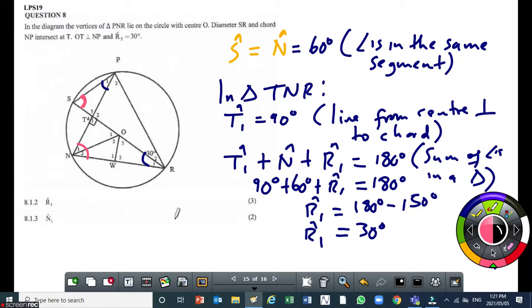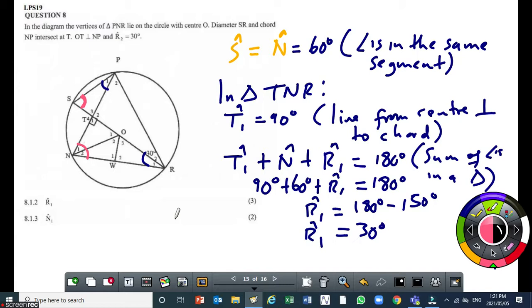I would like to ask, because earlier you said Q1 and R1 are angles in the same segment. Which chord, or is it the diameter that's subtending? Thank you very much for asking that. P1 is equal to R1. Yesterday, I remember one of you, I think it was Zach, asked about the chord. Remember, I told you that sometimes the chord may not be drawn.